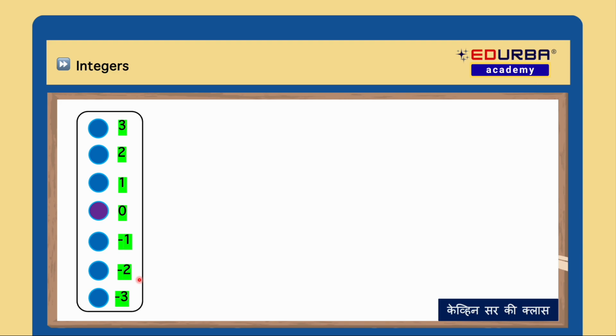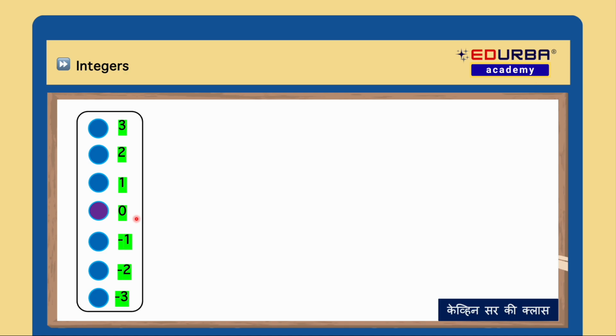Now for example, you might have observed this panel in the lift of the mall. Now ground floor is shown as 0, whereas floors above the ground floor are shown as +1, +2, +3 or just 1, 2, 3. So even if positive sign is not shown, we assume that they are positive numbers. So 1 means +1, 2 means also +2 and so on.